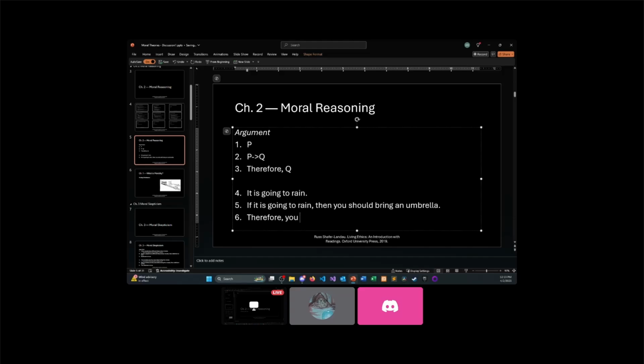Therefore, you should bring an umbrella. And we know it is going to rain, therefore, we should bring an umbrella. Does that make sense as a structure logically to you? Yes. Okay. So, when we talk about these moral theories, we're basically doing the same thing.